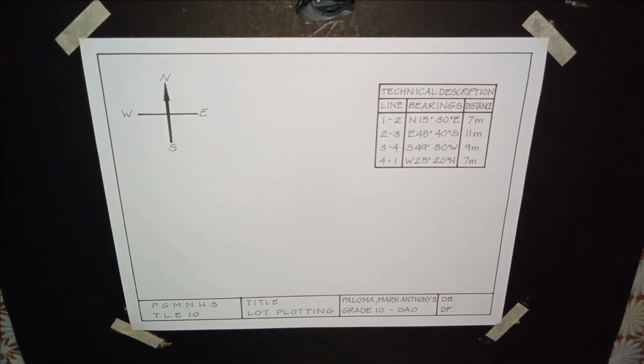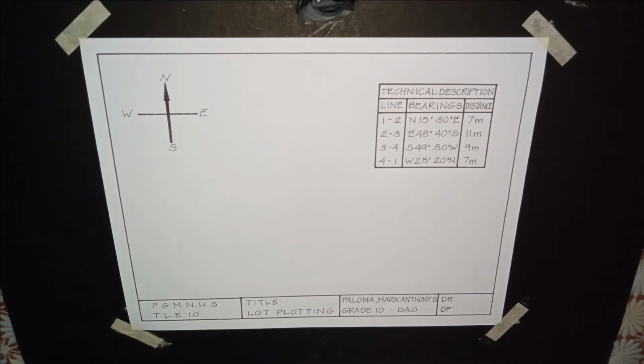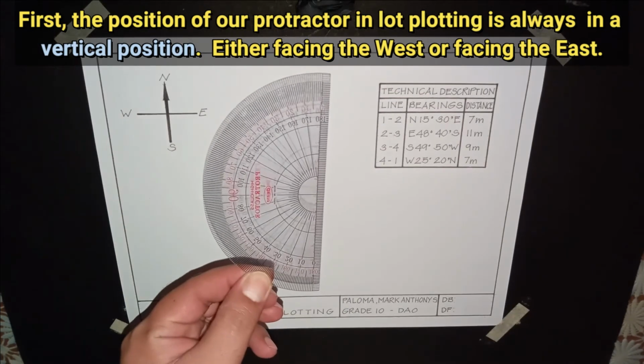But don't get too excited because we need to make sure that we follow these important reminders that I'm going to tell each and every one of you. First, in positioning the protractor, you have to make sure that it is in vertical position.